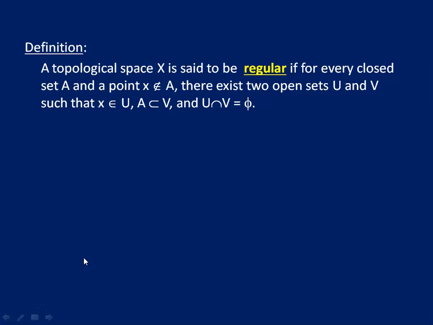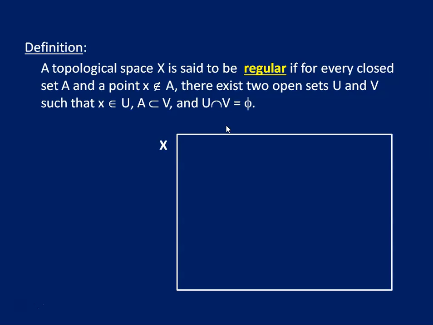Just to recall the definition of regularity and normality, a topological space X is said to be regular if for every closed set A and a point X outside A, there exist two open sets U and V such that U contains X and V contains A, whereas U and V are disjoint.